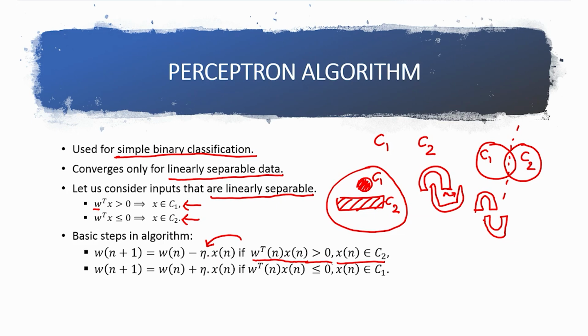On the other hand, if an input belongs to class C1, but the inner product between the weight and the input is less than or equal to 0, it is again getting misclassified into C2. Therefore, the weight needs to be increased. So, these two steps form the basis of the Perceptron algorithm, that is, the weight change is based on these two steps. Now, let us look at a simple case of the logic gates.